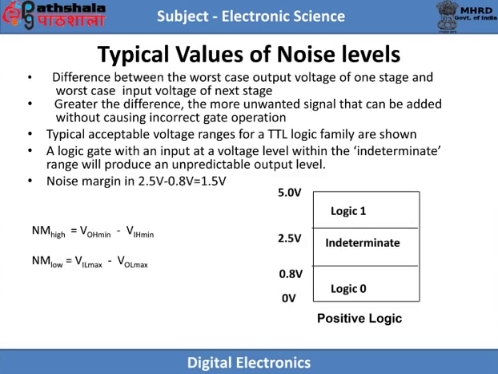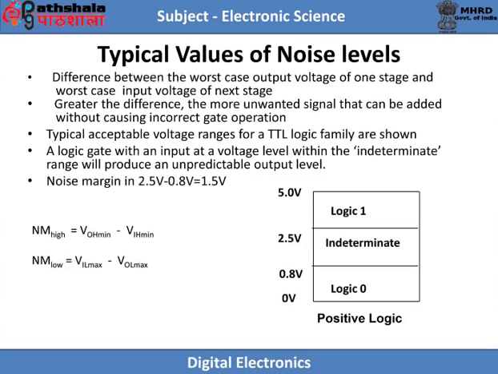Typical values of noise levels. Difference between the worst case output voltage of one stage and worst case input voltage of the next stage. The greater the difference, the more unwanted signal that can be added without causing incorrect gate operation.